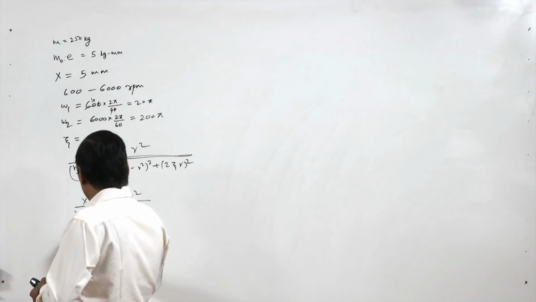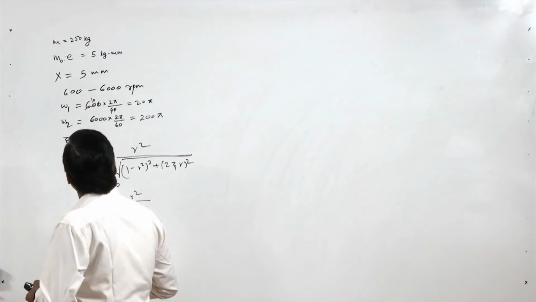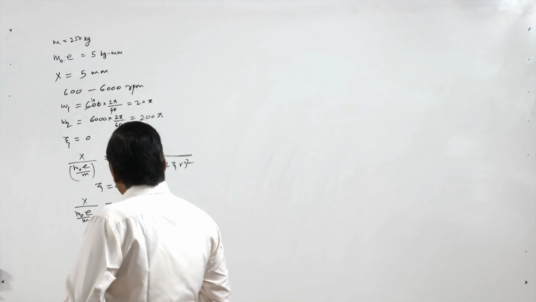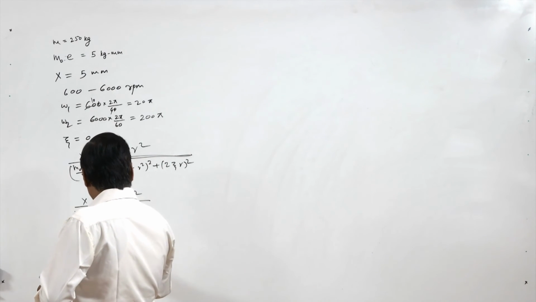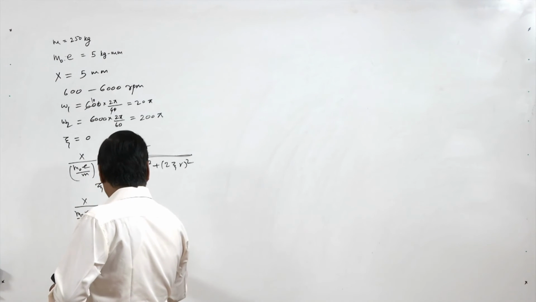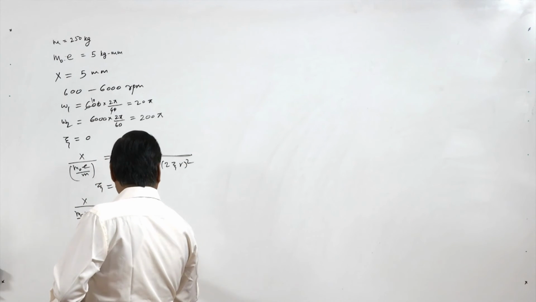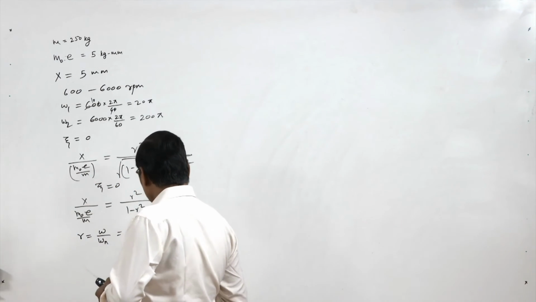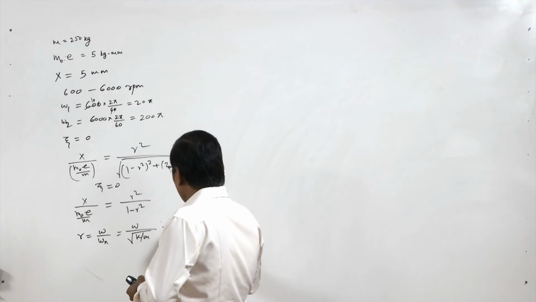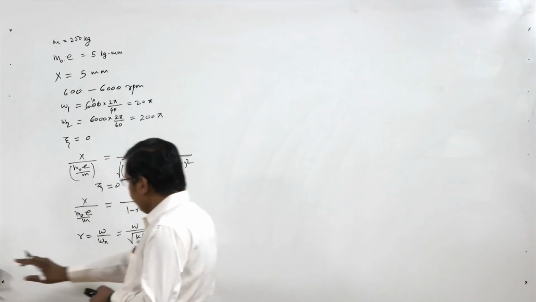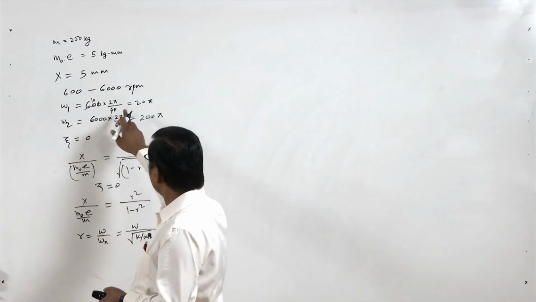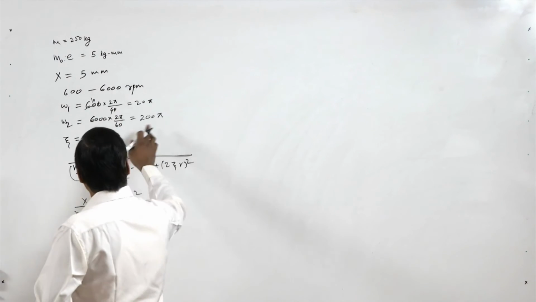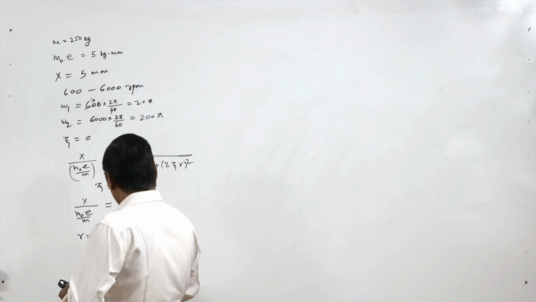Now we have r equal to omega by omega n, and omega n is root k by m. So here we have two cases of omega. We have some lower range 20 pi and higher range 200 pi.